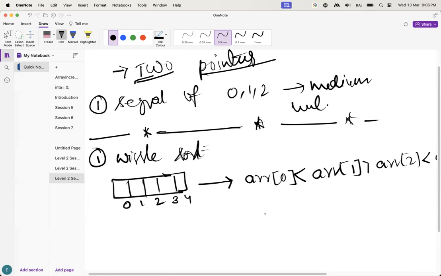That means the first value will be minimum, and the next value will be maximum, and again the next value will be minimum.